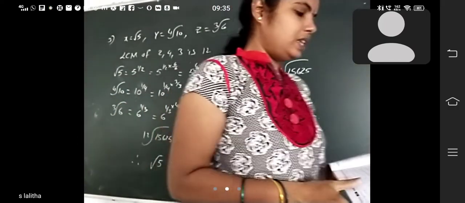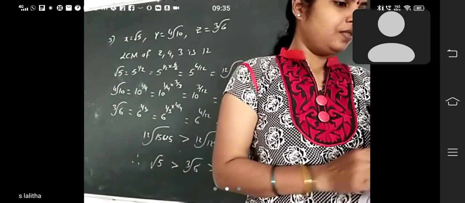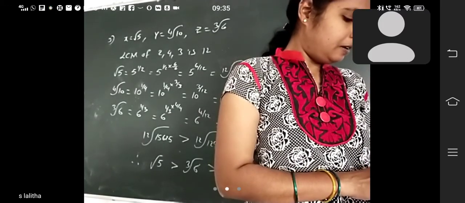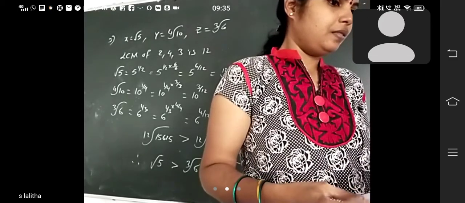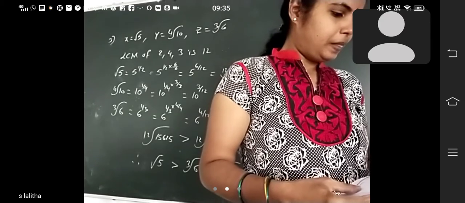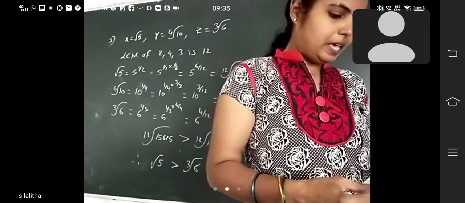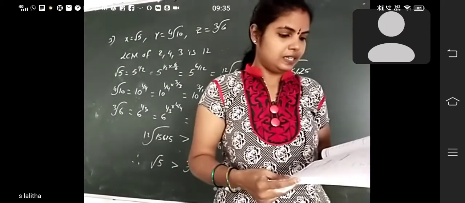So this is today's class, children. Today you have to complete bits page number 34 and page number 35. Don't do problems on operation on surds.